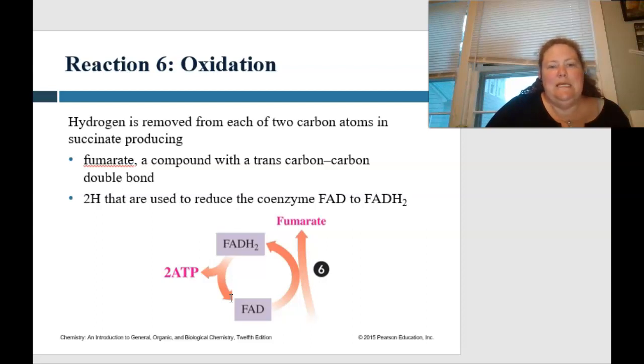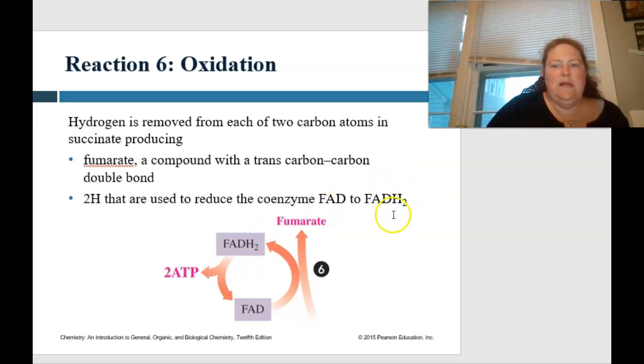Reaction 6 is where hydrogen is removed from each of the 2 carbon atoms in the succinate, and this produces fumarate, a compound with a trans carbon-carbon double bond. And 2 hydrogens are used to reduce the coenzyme FAD to FADH2.